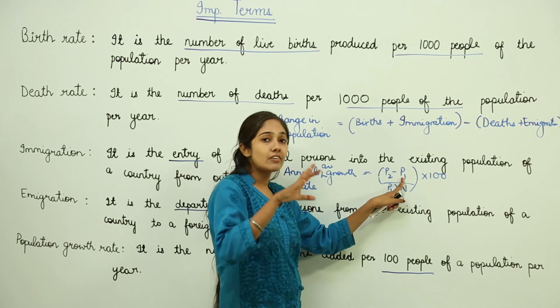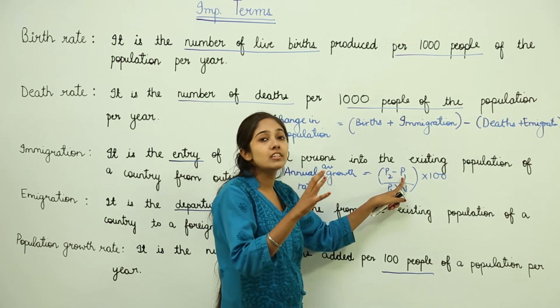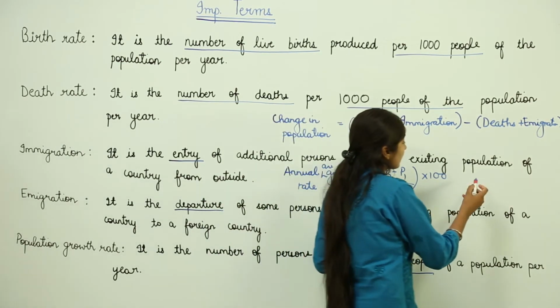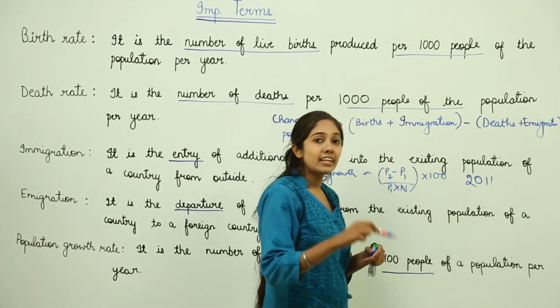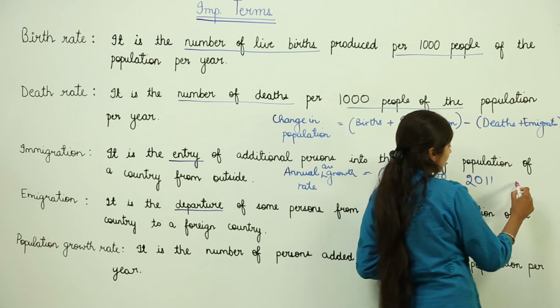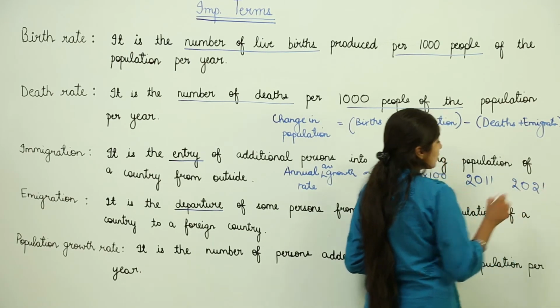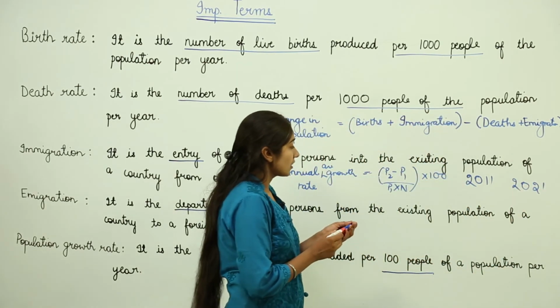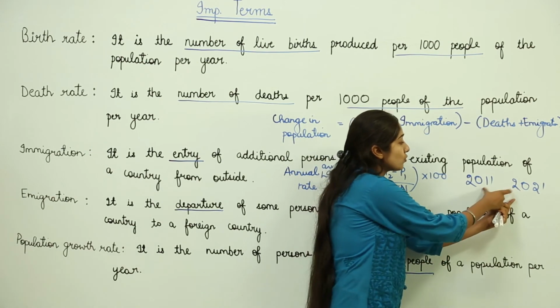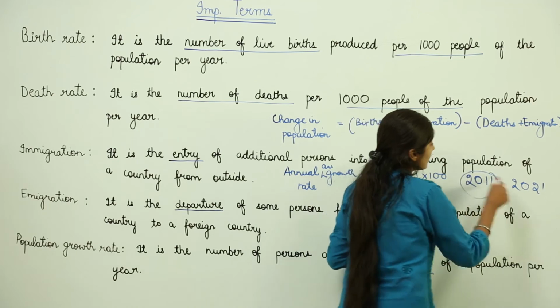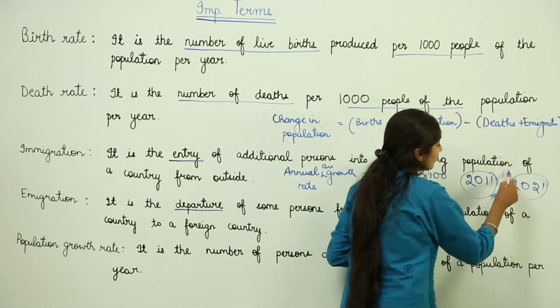So whatever is the gap between the years, right? For example, the census was carried out in 2011, right? And the next census is being carried out in 2021. So what is the gap of the years over here?